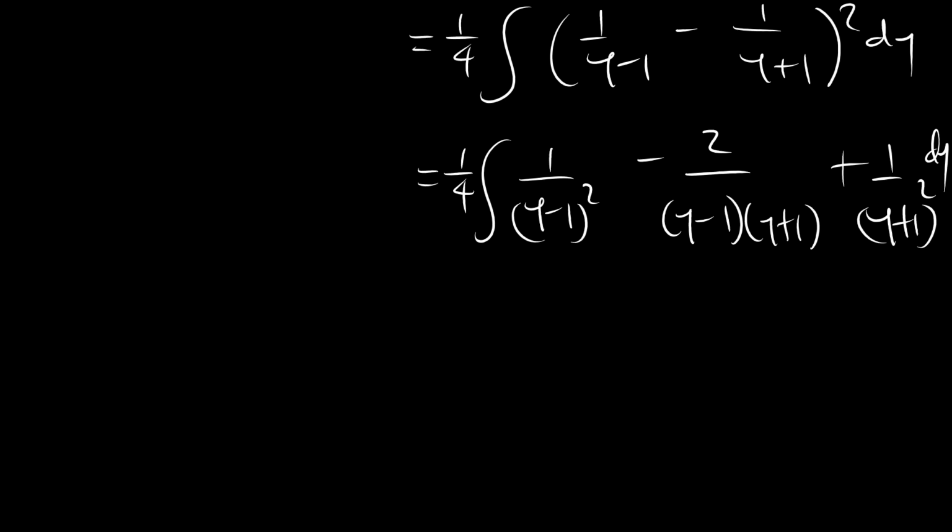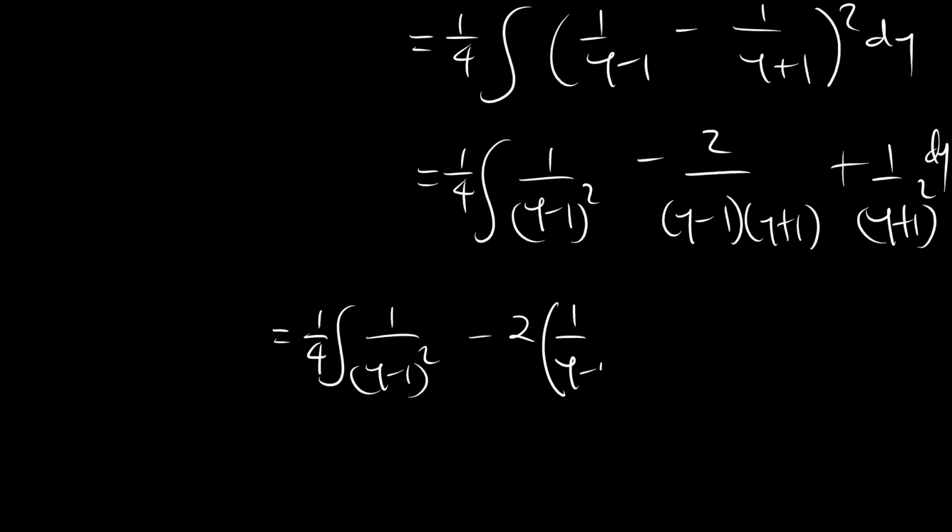Okay, so we can now re-express this minus 2 over y minus 1 times y plus 1 as 1 over y minus 1 minus 1 over y plus 1.